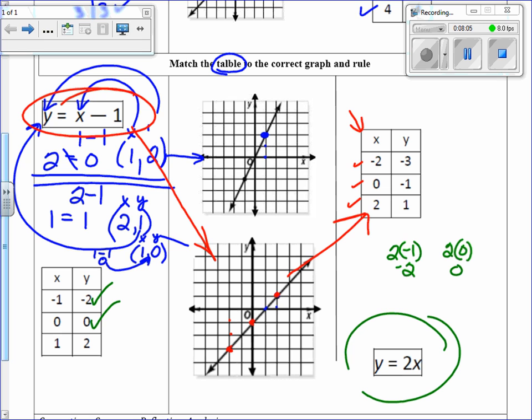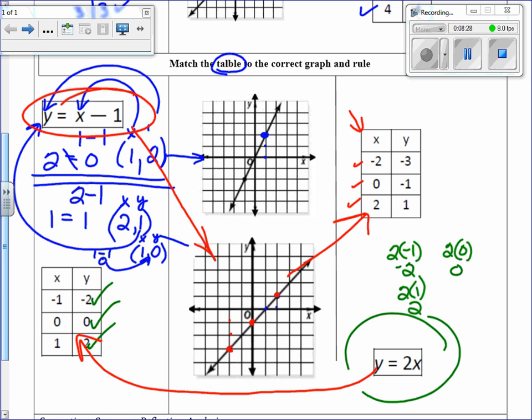That's my y value. So that works. Now I have 2 times 1, which equals 2, and that's my third y value, so that works. So we can most certainly say, without a doubt, that this rule matches this table.